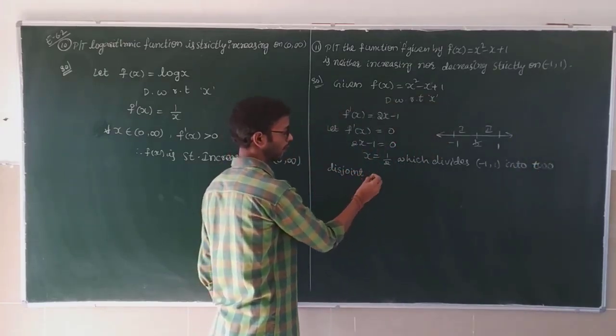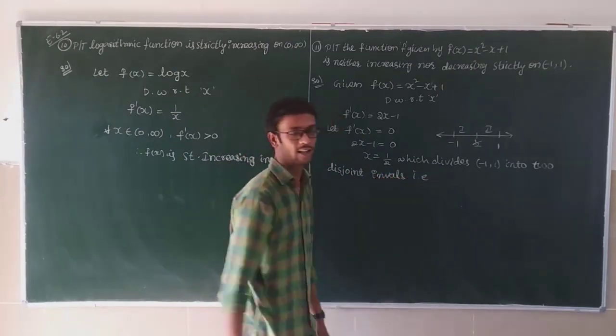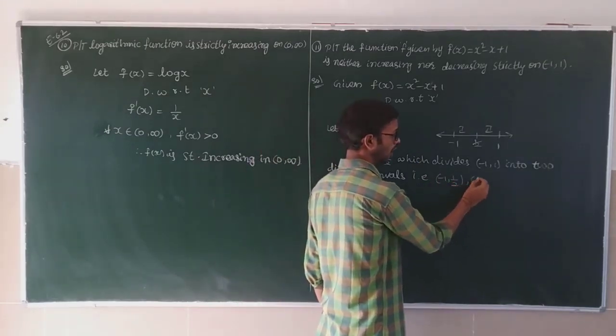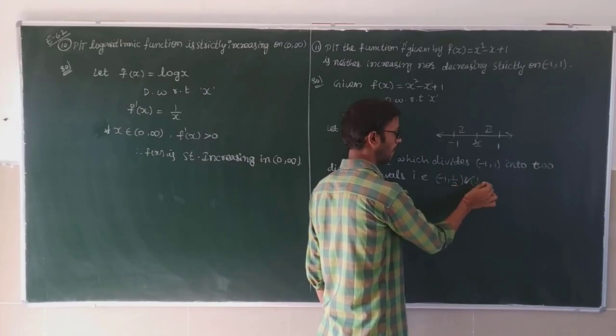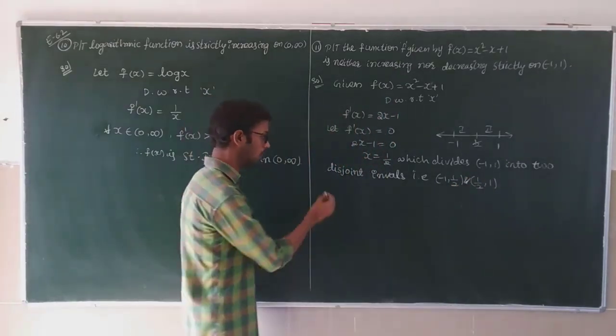What are those? Minus 1 comma 1 by 2, and 1 by 2 comma 1. Now write the box.